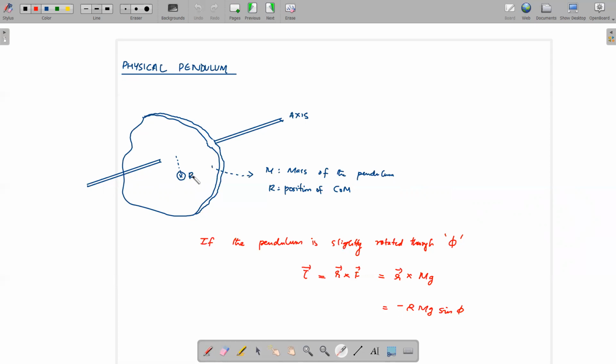Let's say it has a mass, capital M, and the center of mass, let's take it as here, and the distance to the center of mass, let's take it as capital R. And this body is pivoted, it is fixed at this point, and the body will be rotating about this particular axis.